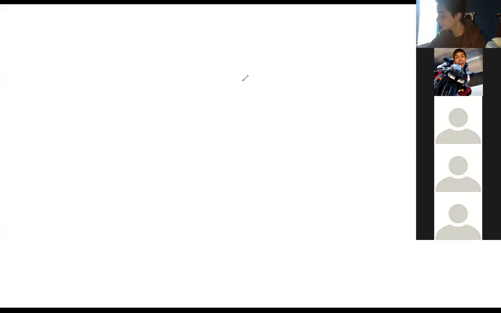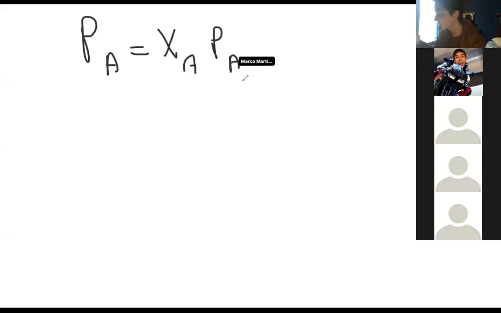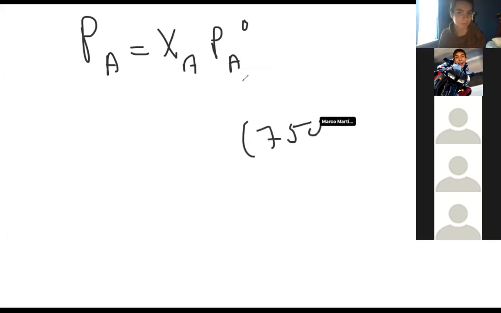So we know that our equation will be P of A is equal to the mole fraction of A multiplied by the pressure of pure substance A. And it's given to us that our pure pressure is 750. And our final pressure, after everything is diluted, is equal to 735.